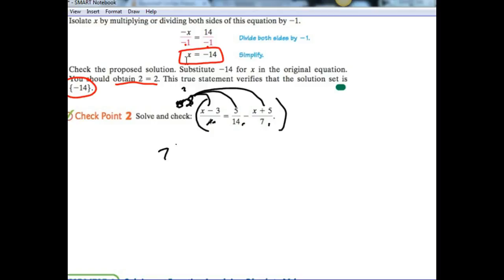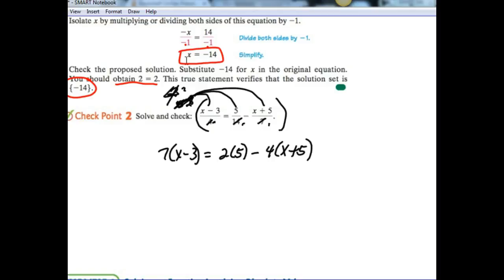So I really end up with 7 times x minus 3 on this side. When I multiply by the second one, the 14 is going to cancel the 28 into a 2. So I'm going to multiply 2 by the 5 that is there. And then ultimately, the third one, when I multiply by that, the 7 is going to cancel the 28 into a 4. So I'm going to have to multiply 4 by the x plus 5. And by doing so, folks, that eliminates your fractions.